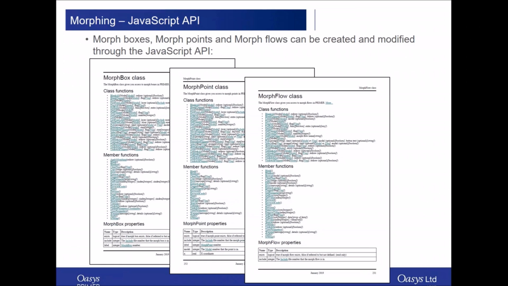We've added morph boxes, morph points, and morph flows into our scripting language API. So that allows you to create and modify all these things using a script, which means you can potentially build morphing into an automatic process as well.